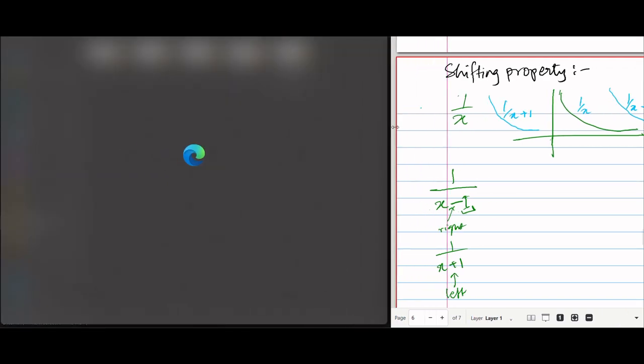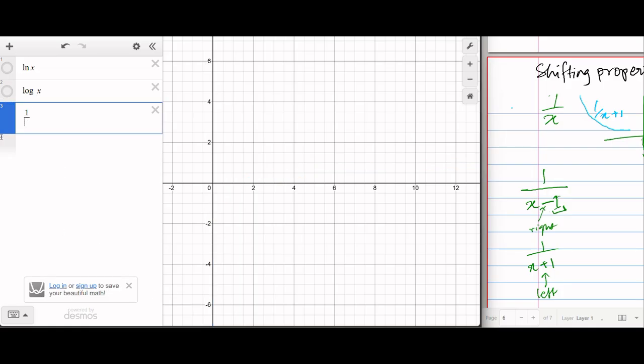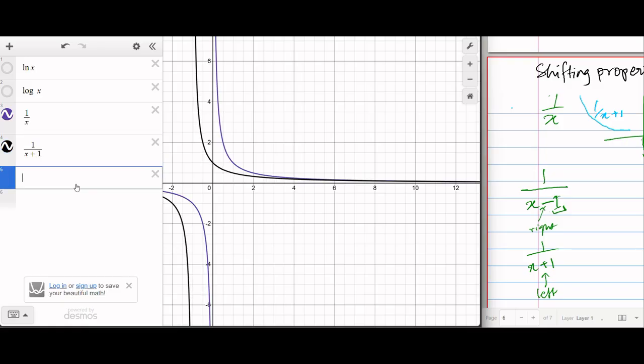So let's go to Desmos. 1 by x is this, then 1 by x plus 1 is this. It just shifted on the left side, and 1 by x minus 1 looks like this, which got shifted on the right side.